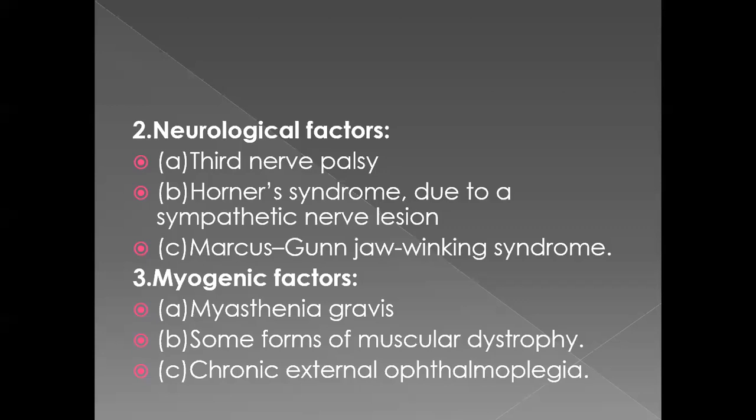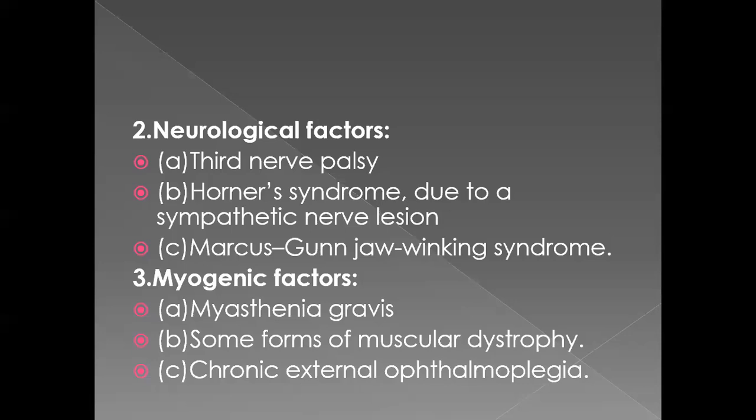The third one is the myogenic factor. Now, myogenic factor is a misnomer because it also contains conditions which are neuromyogenic, meaning a condition where the neuromuscular junction is involved. So whenever there is a problem in the neuromuscular junction, the message toward the muscle will not be conveyed.